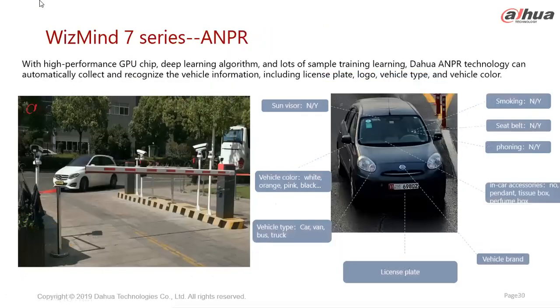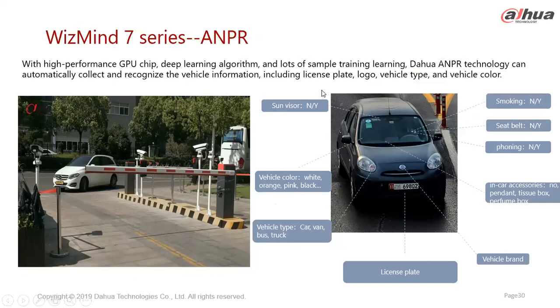With Wizmind 7 cameras, we have NPR. All Wizmind 7 cameras support number plate recognition, for those who don't know what NPR is. Because of the cost of Wizmind 7 cameras, we have specific cameras that do number plate recognition, which are called ITC.